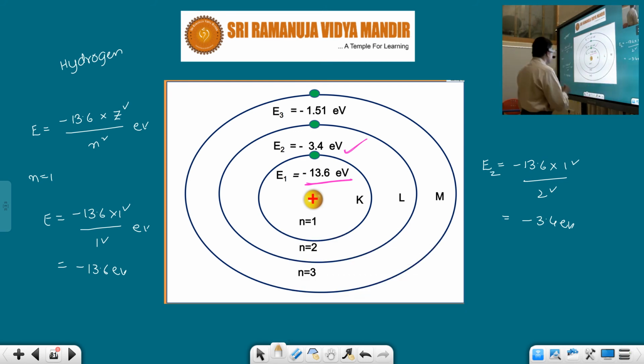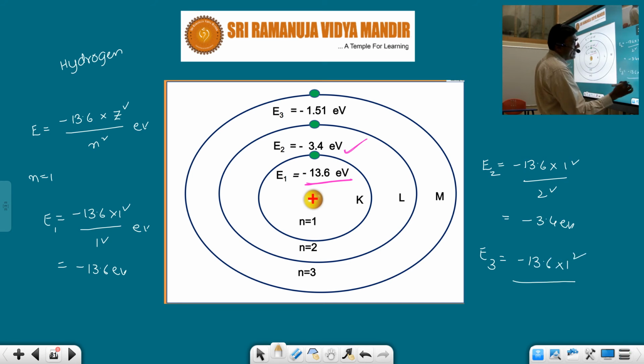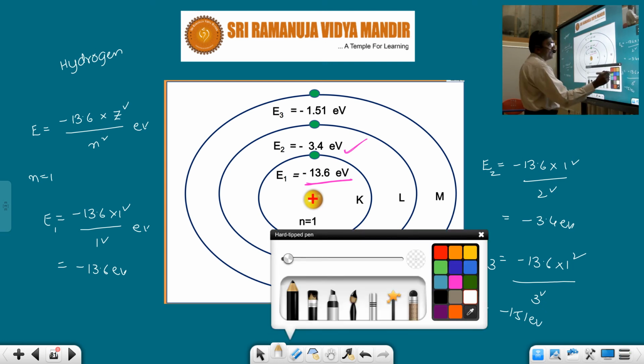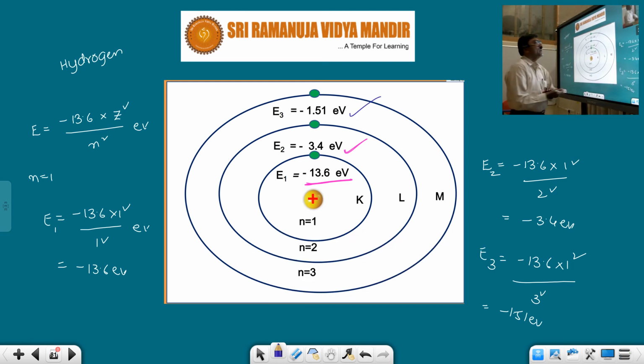This is the second orbit, E1 is the first orbit, and we calculate for the third orbit. E3 is equal to, this is for hydrogen atom, minus 13.6 into, what is the Z value? 1 by 3 square, that is 9. If you calculate, you get minus 1.51 electron volts. So I hope you understood, students. This is how energy can be calculated.